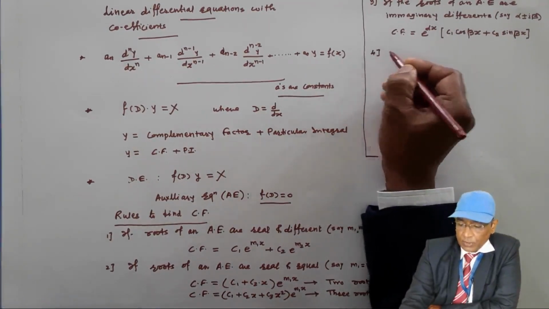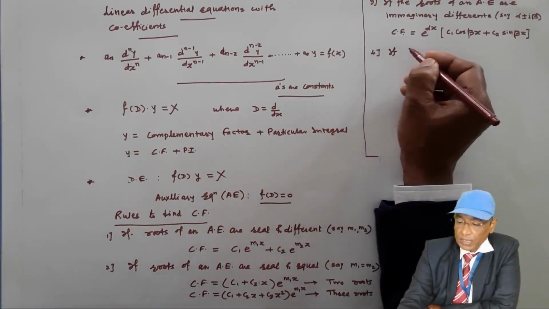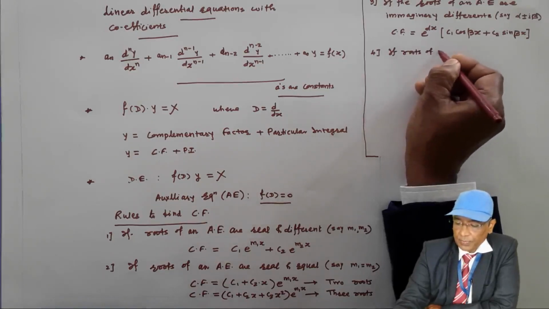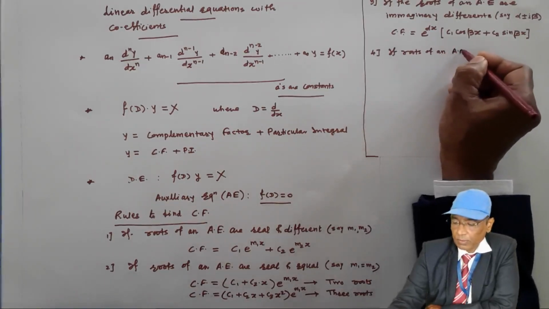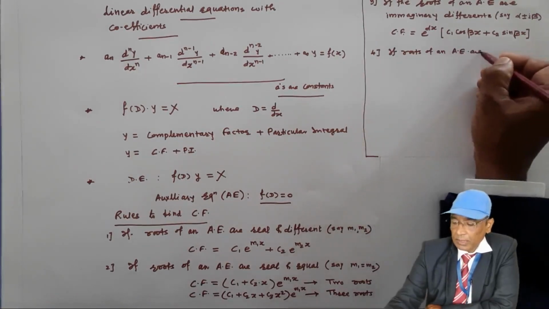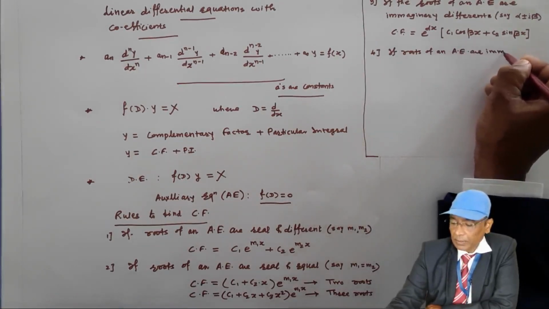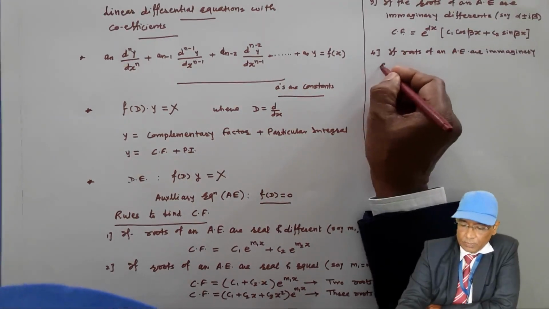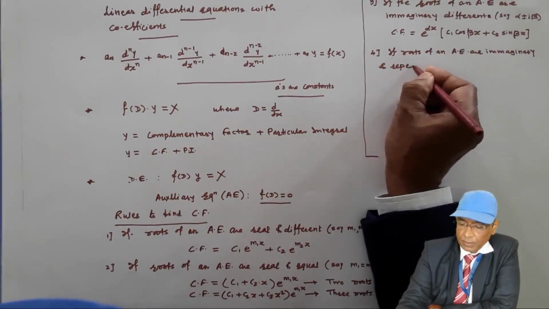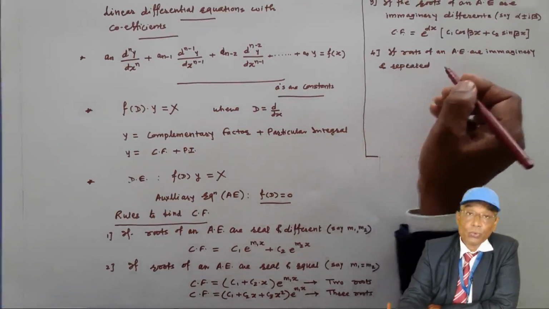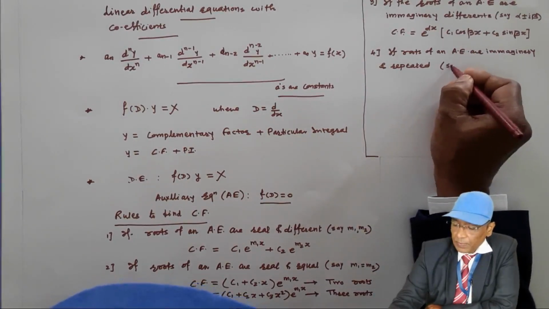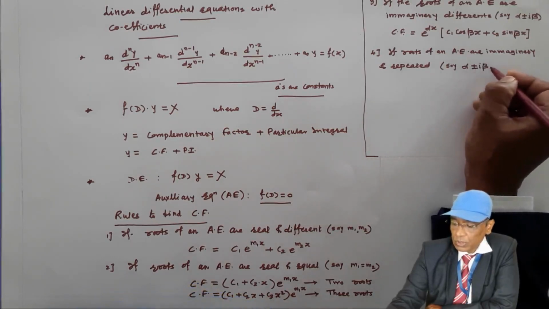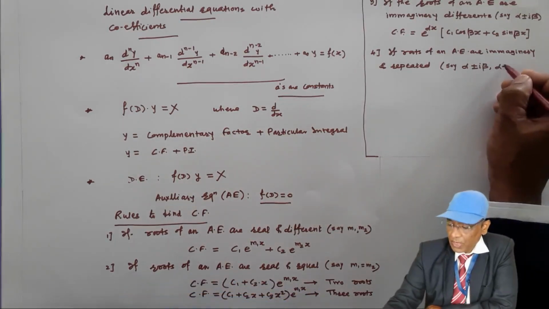Fourth case, if roots of an auxiliary equation are imaginary and repeated. This case I am writing for four roots. The roots are of the type alpha plus minus i beta, means these are the two roots, and again alpha plus minus i beta.